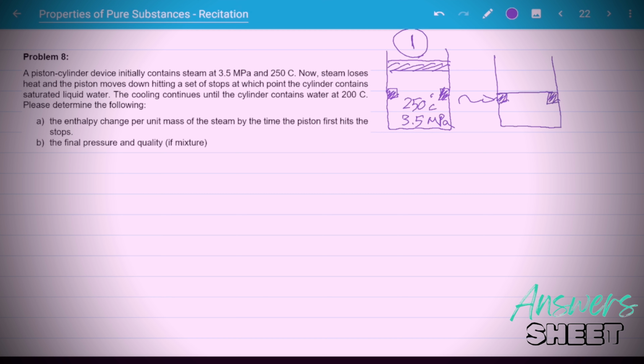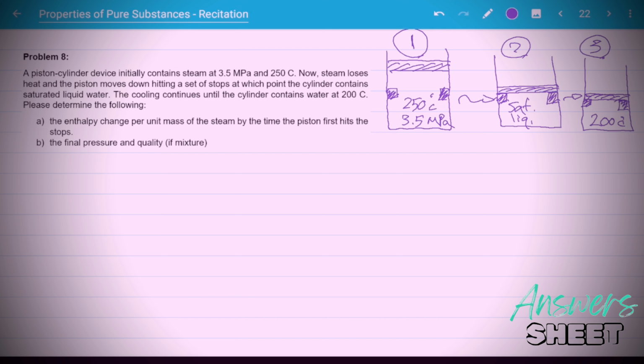When that happens, we have saturated liquid inside, and then it continues to cool down. Now, because the piston has hit the stops, it cannot go down any further until the water inside is 200 degrees Celsius, right? This is the second state, and this is the third and final state.